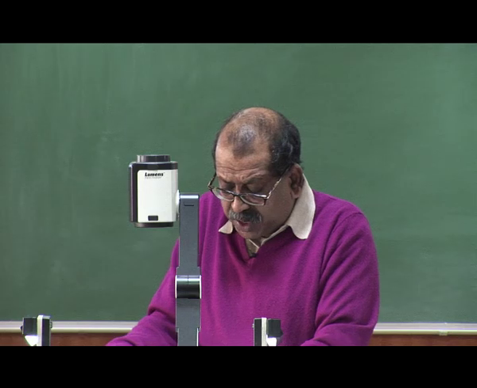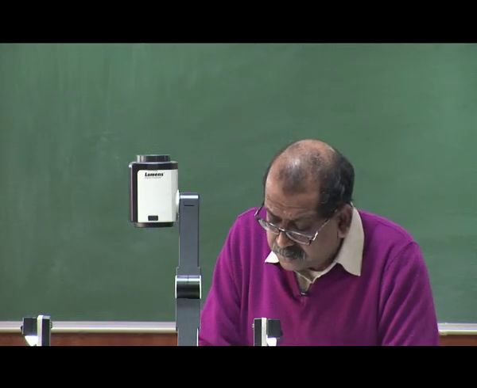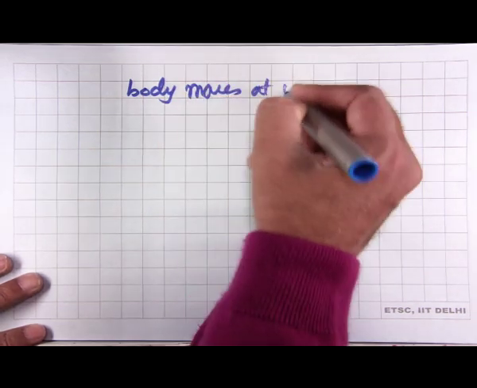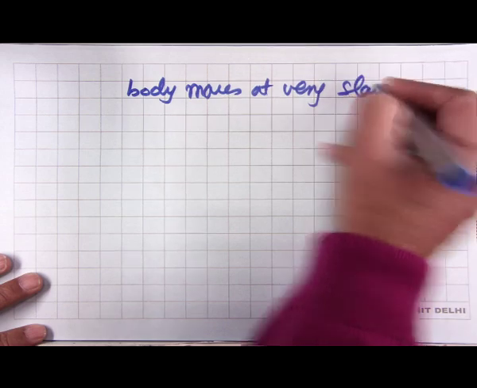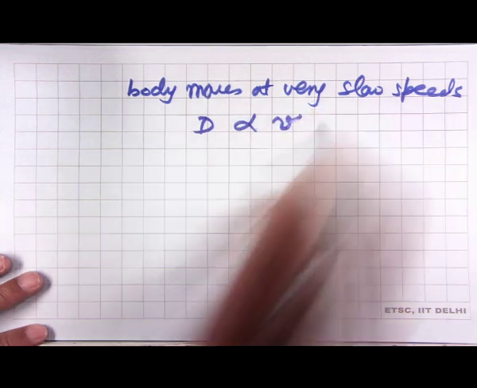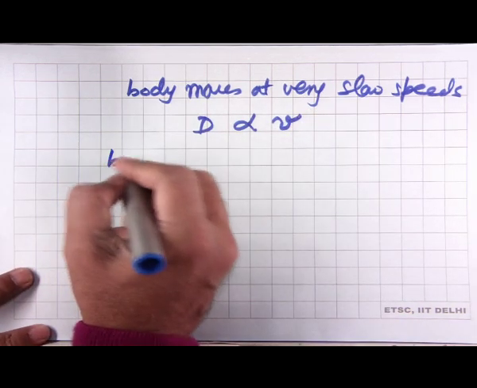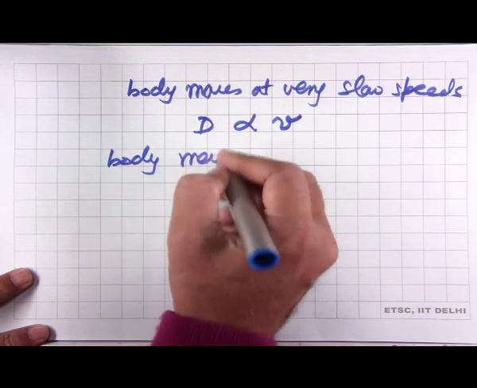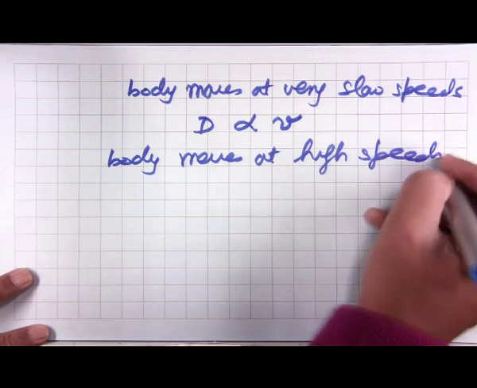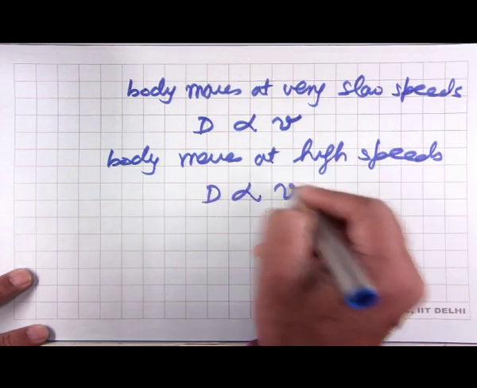And what we find is that if the body moves at very slow speeds, then the drag force is proportional to v, and if the body moves at high speeds, then the drag force is proportional to v square.